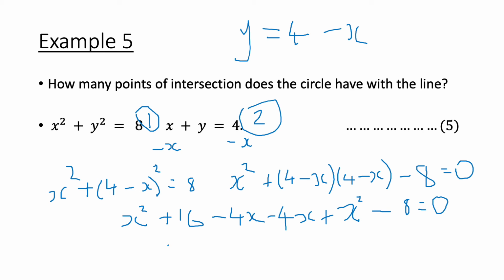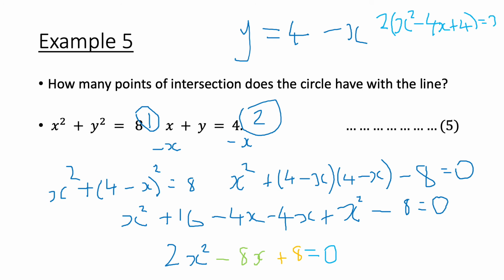Rearranging this, so collecting like terms, I'm going to get 2x squared minus 8x, and then lastly, 16 minus 8, which is positive 8, guys. And that is equal to 0. I can now take a 2 out as a factor and solve it. So I'm going to have 2 brackets x squared minus 4x plus 4 is equal to 0.